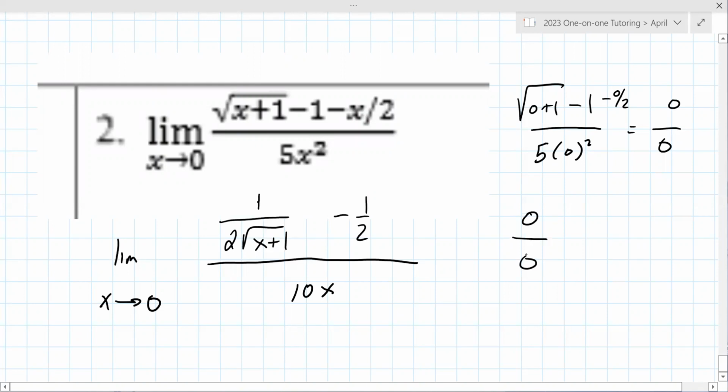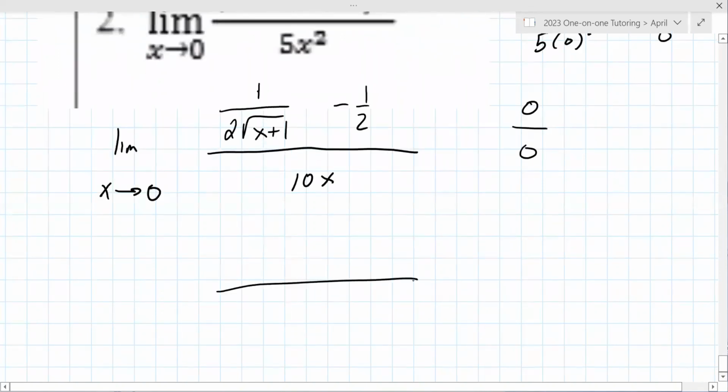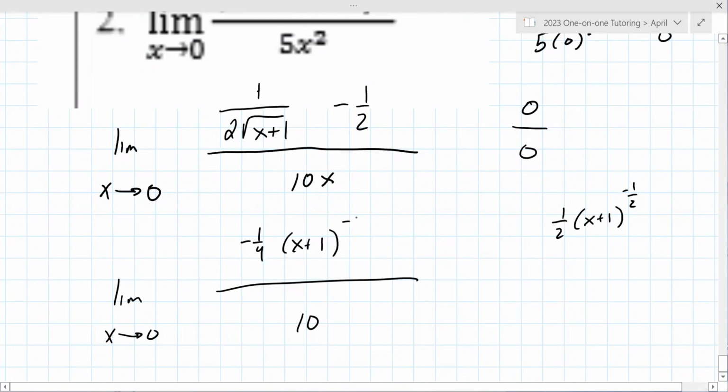So you take yet another derivative, and the bottom becomes 10, which is good. The derivative of 1/2 goes away, so you're really looking at, and sometimes it's worth rewriting, 1/2 x plus 1 to the minus 1/2. So your derivative is minus 1/4 x plus 1 to the minus 3/2.